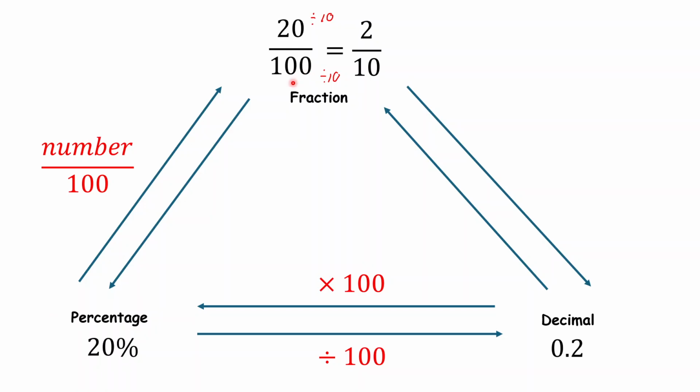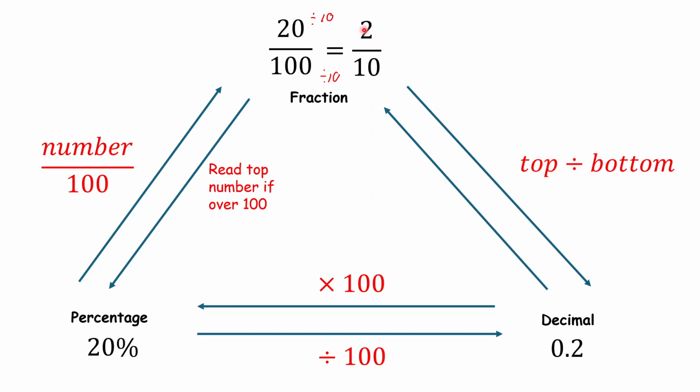And then to get back from the fraction into a percentage, you read the number on top if it is over 100. As long as your denominator is 100, as a percentage you just read the top number, which is 20, so it would be 20%. Now, to go from a fraction to a decimal, we do the top divided by the bottom.